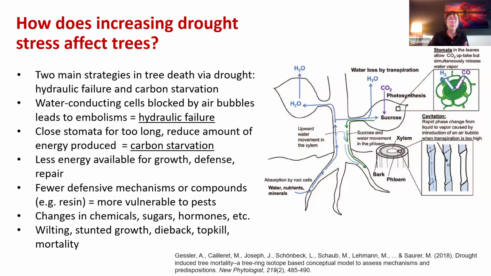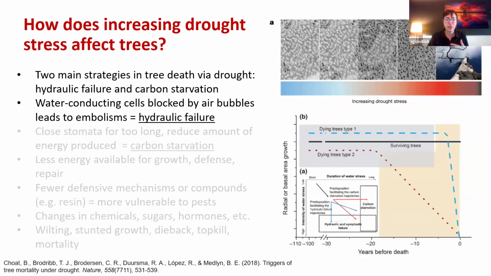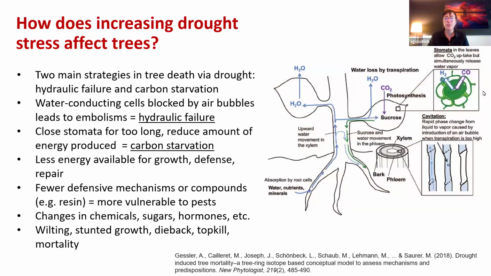So we'll talk about hydraulic failure first, and I'll go back to this graph. Remember, we've got our stomata in the leaves, and these are the openings that allow the carbon dioxide uptake, but they also lose water. So plants somehow make the decision to keep those open, or they can close those. If they choose to close those, they're going to retain some of that water.